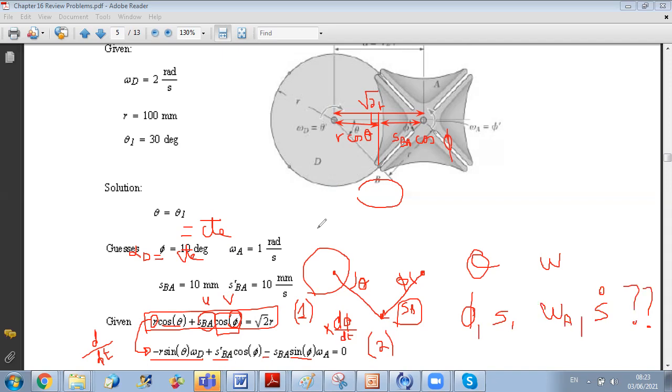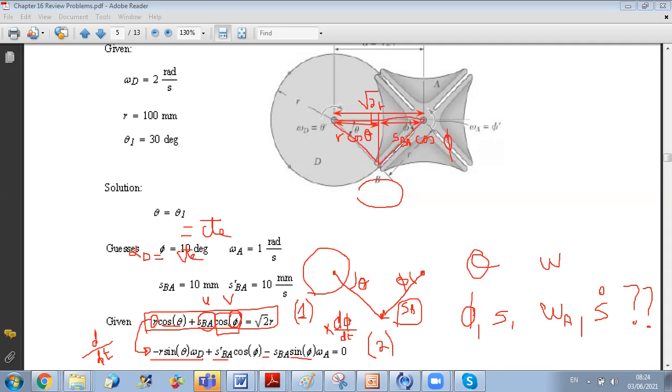This is why we should try also to find geometrically another relation. Always when you have a triangle, think about the sine law. Okay, because if you look at your figure in this triangle here, you can apply the sine law.